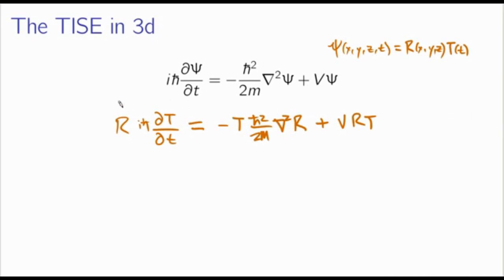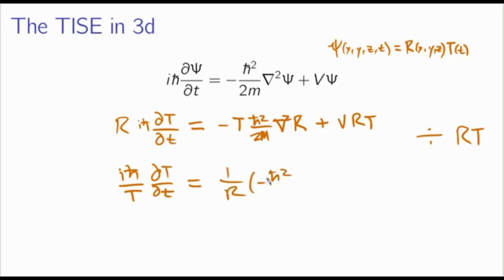And to fully separate the position and time dependence, I'll take this whole equation and divide it by RT. And when I do that, I'll get i h bar over t times the partial derivative with respect to time of the t part being equal to 1 over r times minus h bar squared over 2m del squared r plus vr.